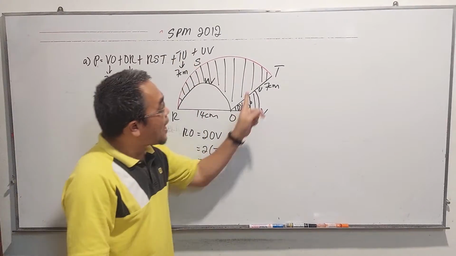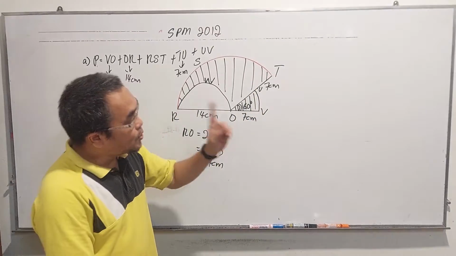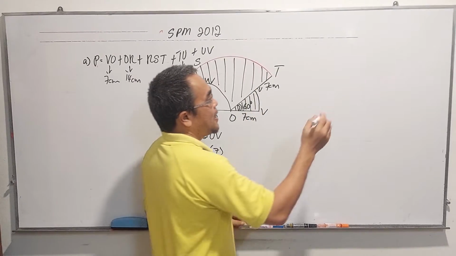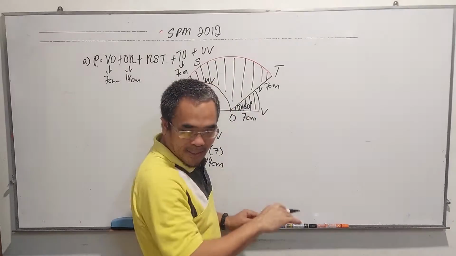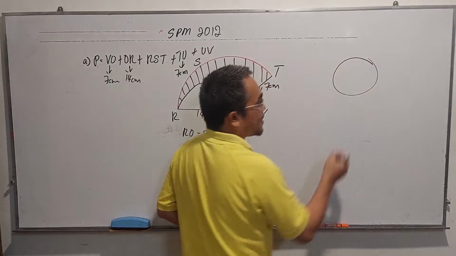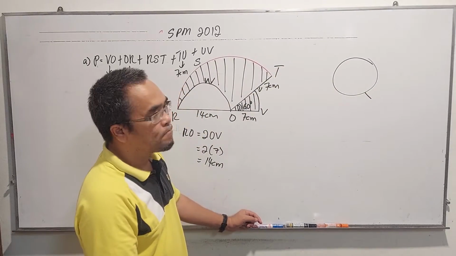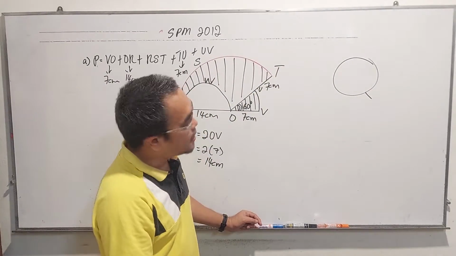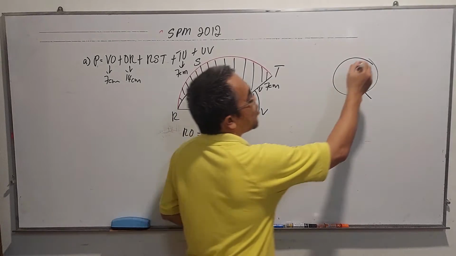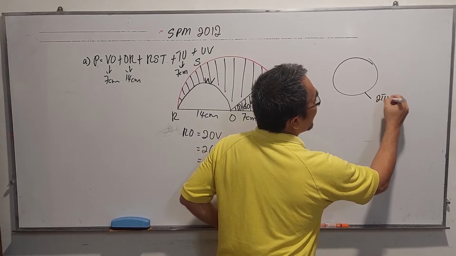So how do we calculate the length of an arc? What you have to understand is that for the whole circle, the circumference is 2 pi r.